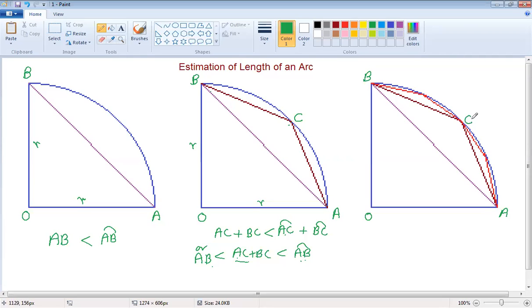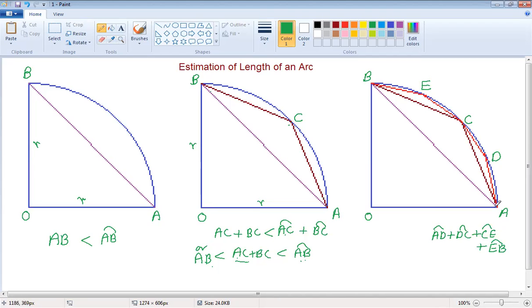Again, I take the middle point of this, C, but I also take the middle point of arc AC, that is D, and I take the middle point of the arc BC, that is E. So the sum of the arcs AD, DC, CE, and EB will be the full arc length AB. So I have four parts of the arc length AB: arc AD plus arc DC plus arc CE plus arc EB.